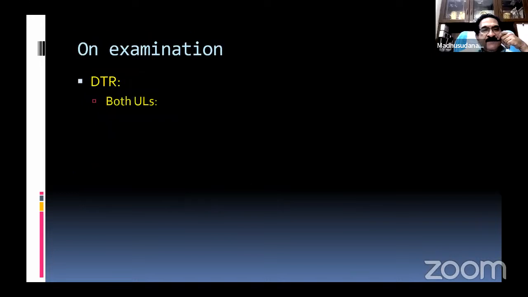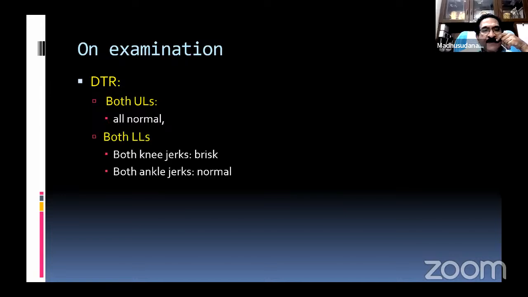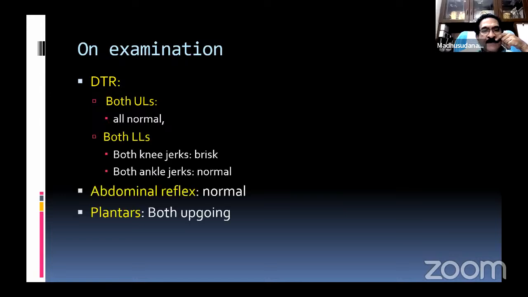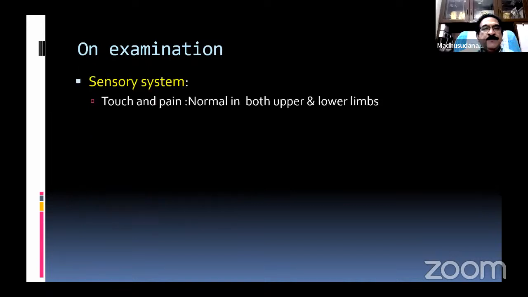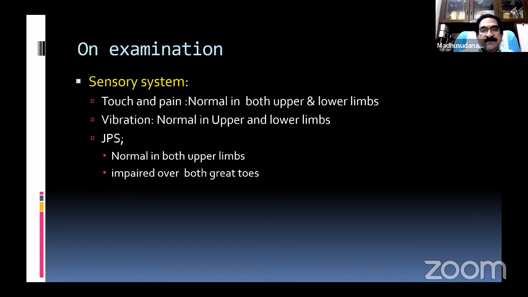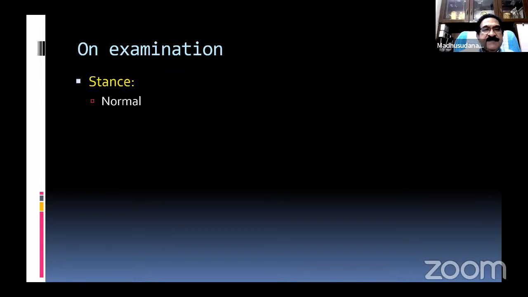DTR of both upper limbs all normal; both lower limb knee jerks brisk, ankle jerks normal, abdominal reflex normal, plantars both upgoing. Sensory system: touch and pain normal in both upper and lower limbs, vibration normal in upper and lower limbs, JPS normal in the upper limb, impaired over both great toes. Stance normal, Romberg's test very positive.